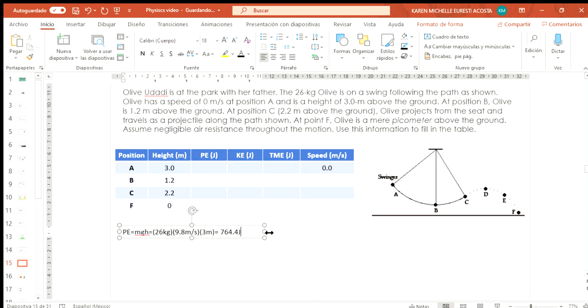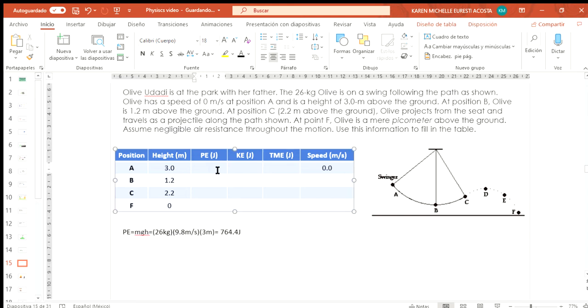With this we can start filling up the chart. We put the value here, that is 764.4 joules. For the kinetic energy, since the speed at that position is 0, it will be 0.